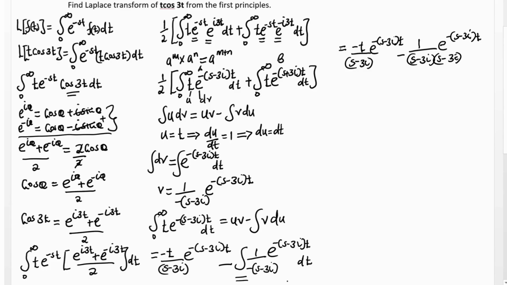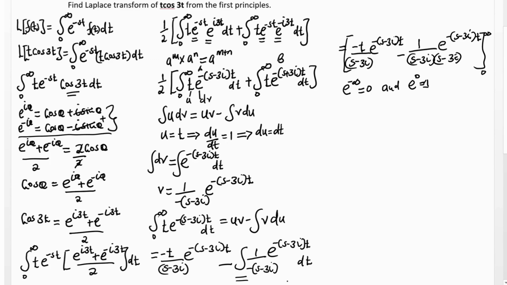We now need to apply the limits, that is from 0 to infinity. But remember, e raised to negative infinity is equivalent to 0, and e raised to 0 is equivalent to 1.